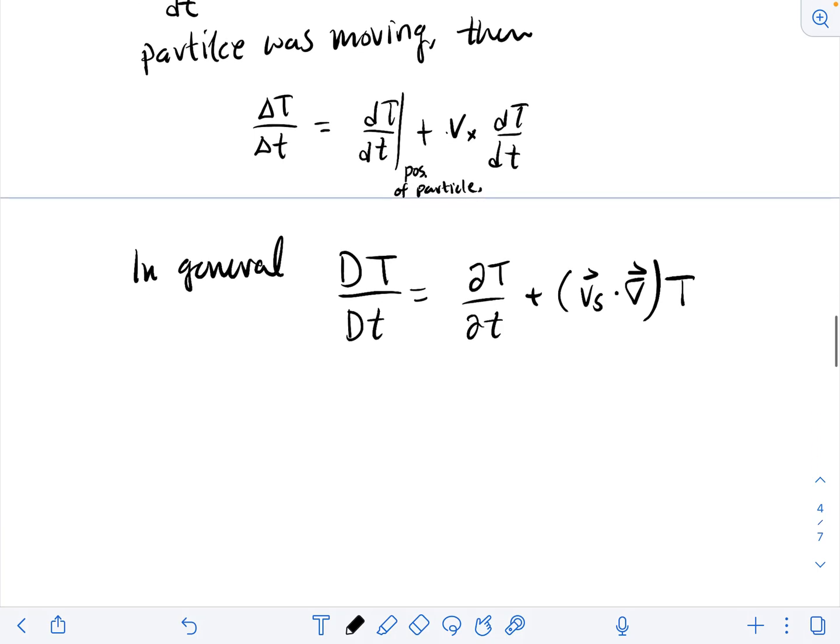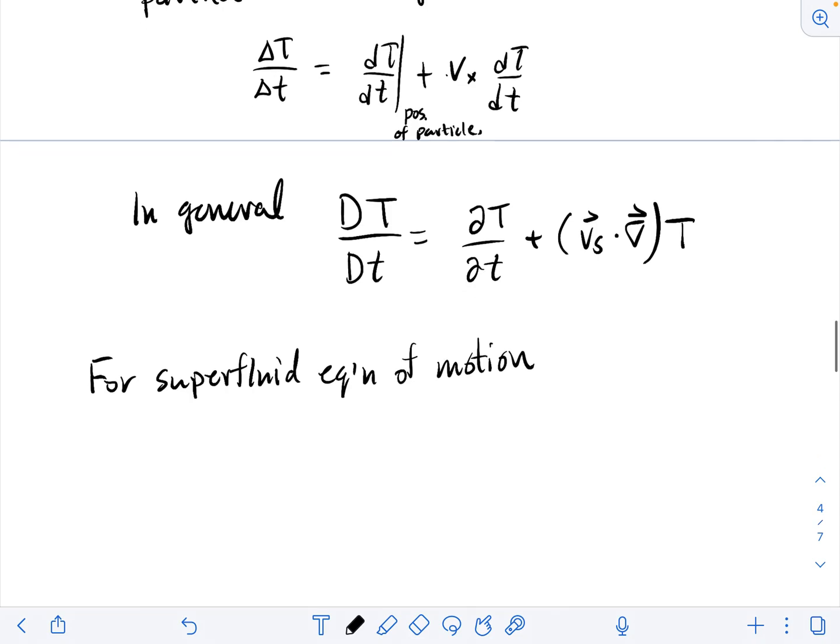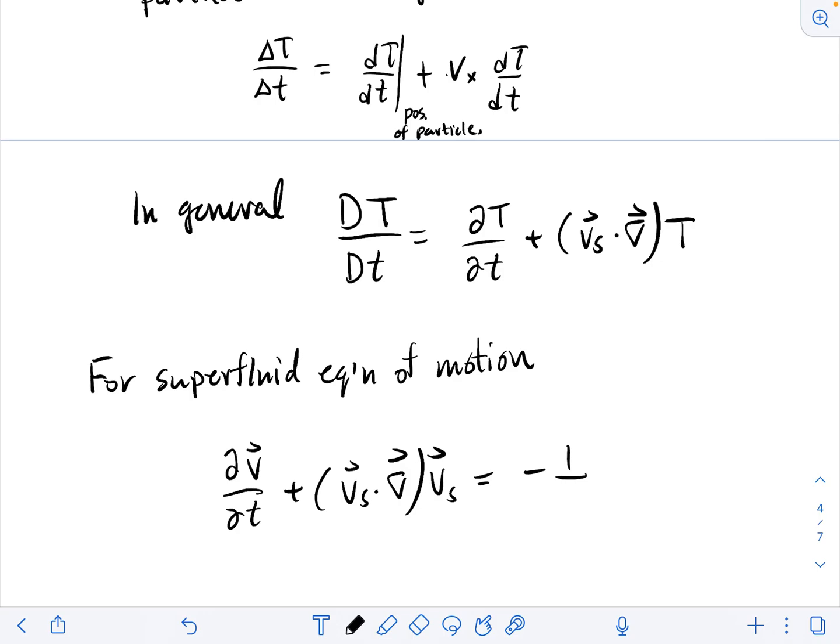So for the superfluid equation of motion, we have a similar sort of idea. We had the material derivative given by this expression, and then on the right-hand side our force written as the gradient of a potential energy.